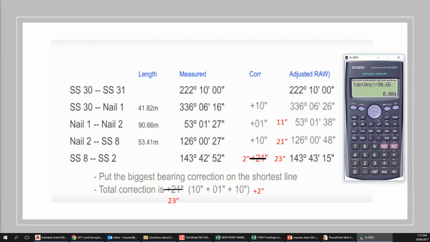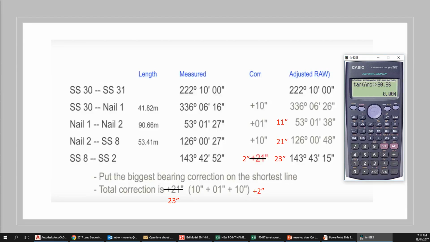Whereas 10 seconds on 41.82 was a 2 millimeter error, in 90.66 it was a 4 millimeter error. So we can put more error into the shorter lines and it will have less overall effect.